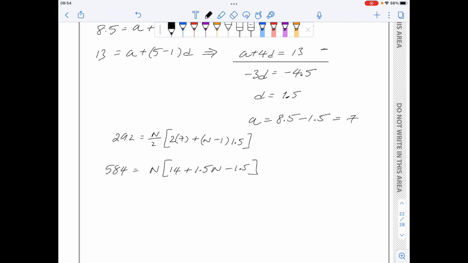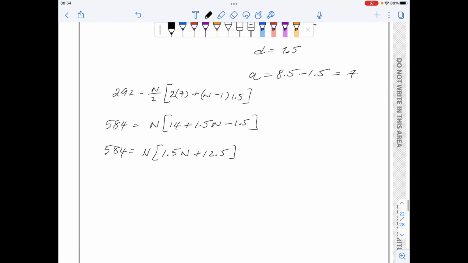Let's simplify this bracket. 584 equals n times (1.5n plus 12.5). And now let's expand and take everything to the right hand side. 1.5n squared plus 12.5n minus 584 is equal to 0.